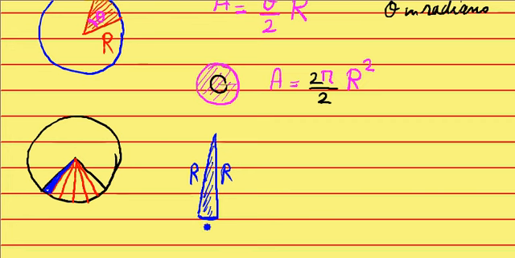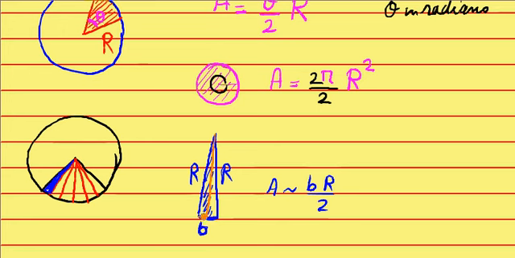Now suppose the base of this triangle is just, let's call it the base B. How would you find the area of this? The area is approximately equal to B times R over 2. Is that right? Well, what's the formula you learn about in high school? B times height divided by 2.